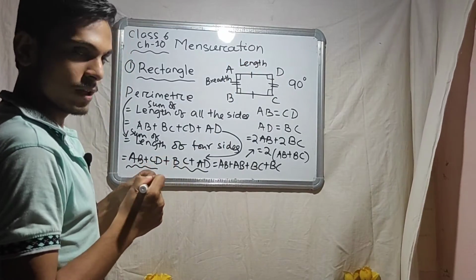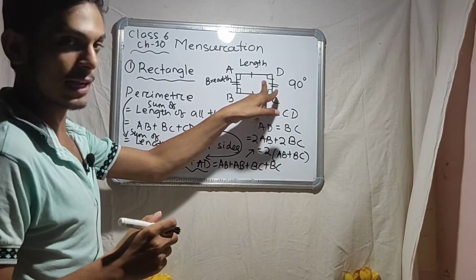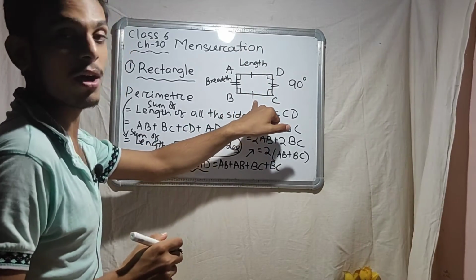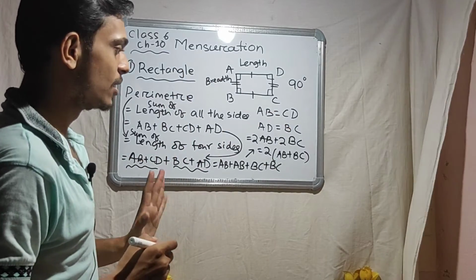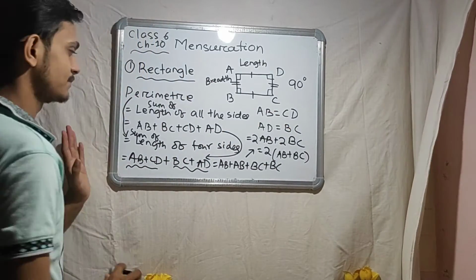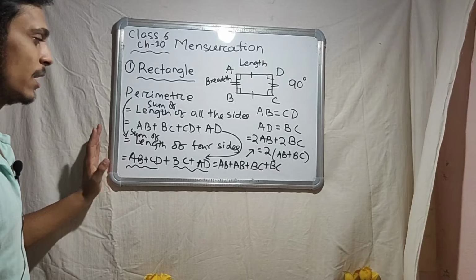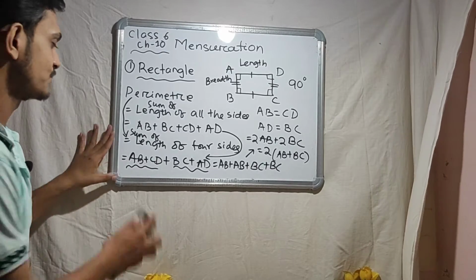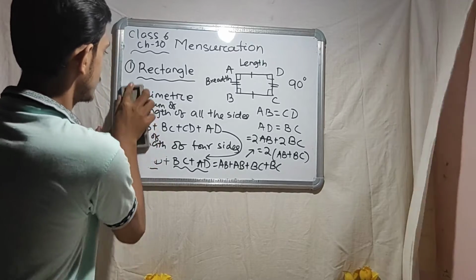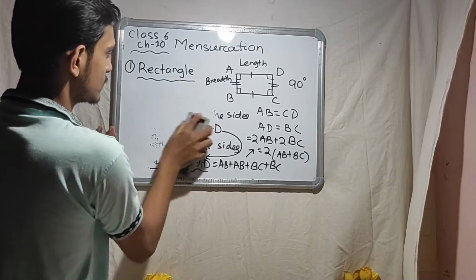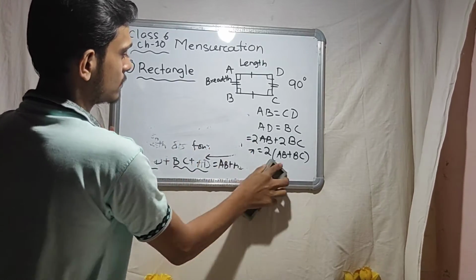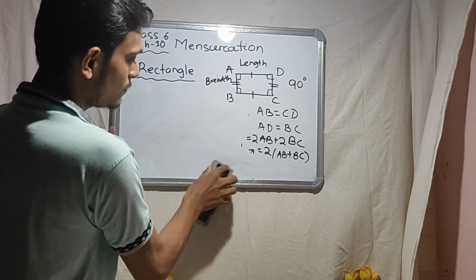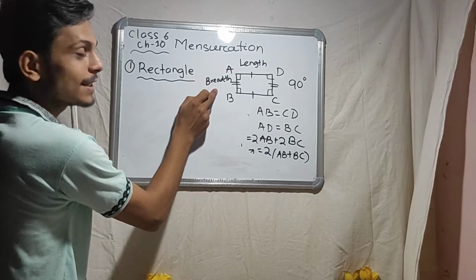The longest side of the rectangle is called the length, and the shortest side is called the breadth. This is very important, so note it down or take a screenshot of it. So this is the length and this is the breadth.